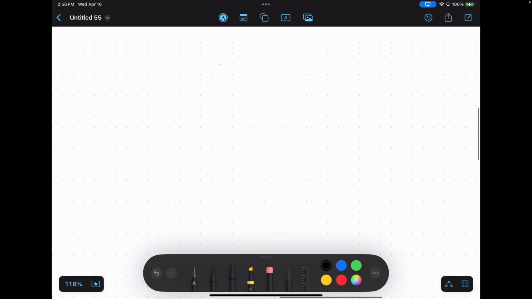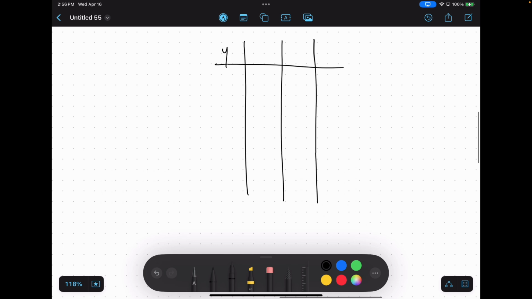Okay, so y, I don't know, A, B, C, D. So x is 1, 2, 3, 4, x squared, 1, 4, 9, 16, x cubed, 1, 8, 27, 4 cubed, 16 times 3, 48. Right?